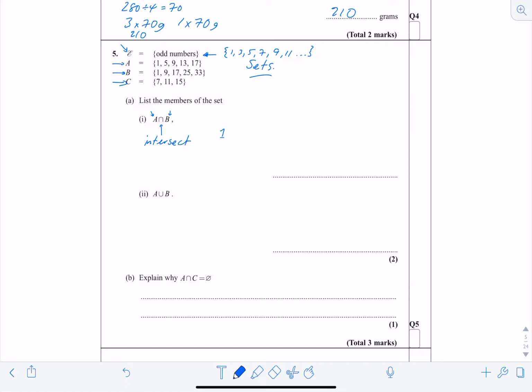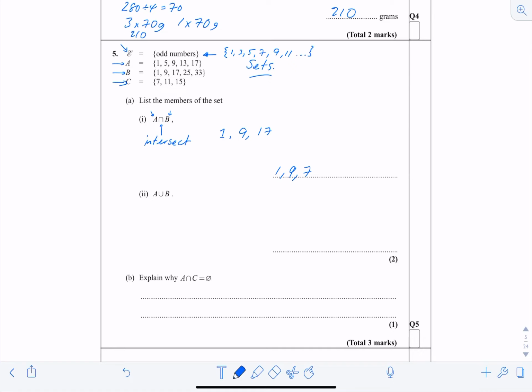I can see 1 is in A and B, 9 is in A and B, and 17 is in A and B. Okay, 5 is not included because it's not in B. 13 is not included because it's not in B. 25 is not included because it's not in A, and 33 is not included because it's not in A. Okay, so 1, 9, 17 are the members of the set.